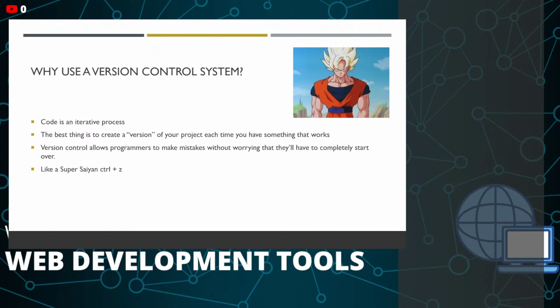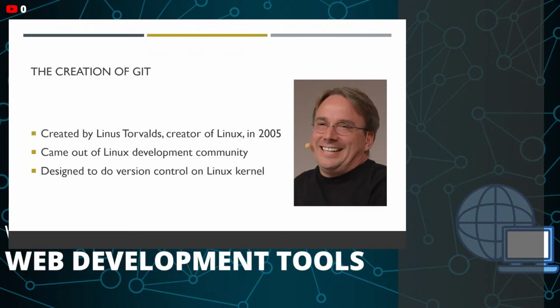Git was created by somebody that you might all be familiar with, and that's Linus Torvalds, the creator of Linux. He created Git in 2005. And as you can imagine, with Linux being an open source operating system where the core is open source, when you only have a few people working on a project, it's pretty easy to control.